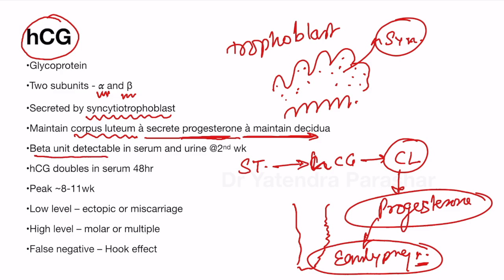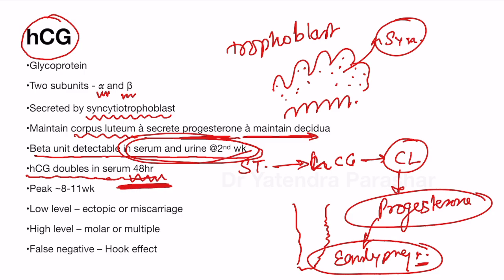The beta subunit is detectable in the serum and urine around the second week of development, and this hormone doubles in the serum every 48 hours, and it peaks around 8 to 11 weeks of development.